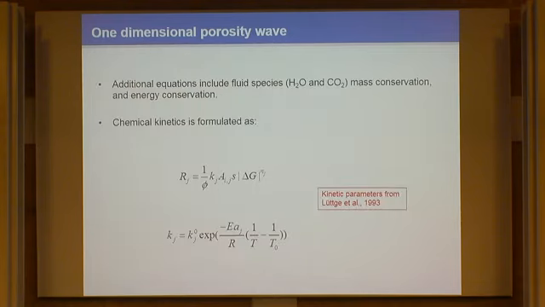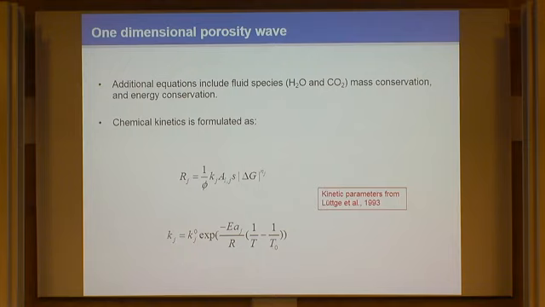So there are complementary equations needed, which is to conserve the fluid species in the aqueous fluid. Basically, it's water and carbon dioxide. And also, we don't assume there's equilibrium between the rock and fluid. So there's a simplified chemical kinetic relationship where Rj is the reaction rate, which is mainly controlled by the distance from chemical equilibrium.